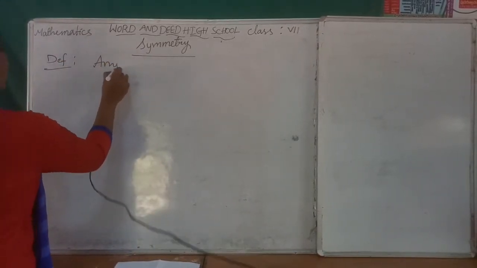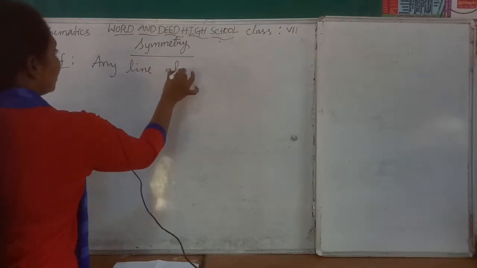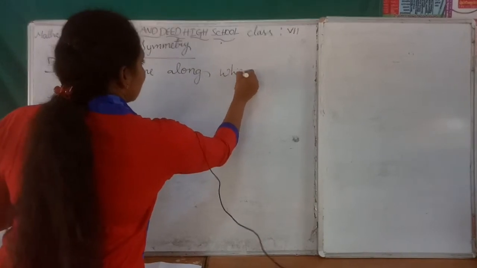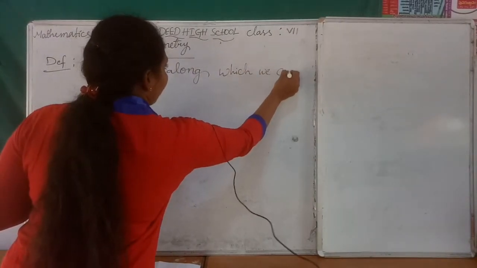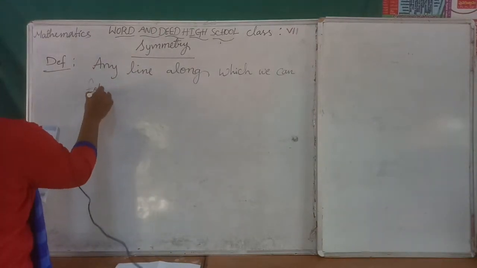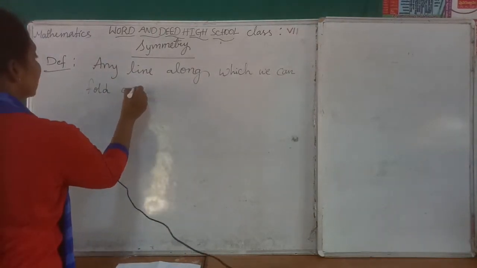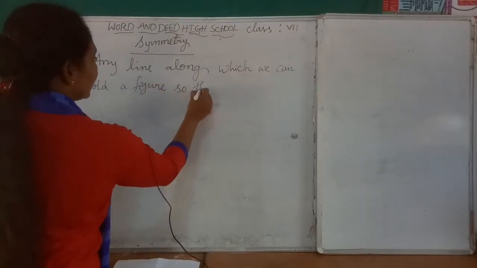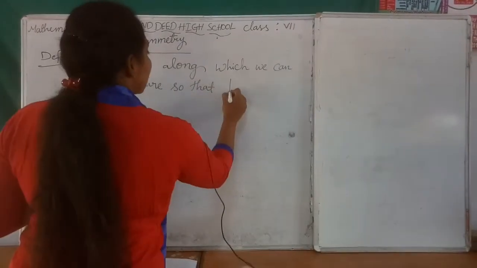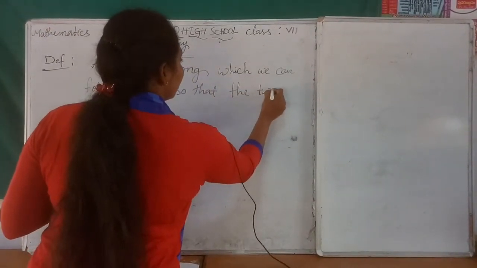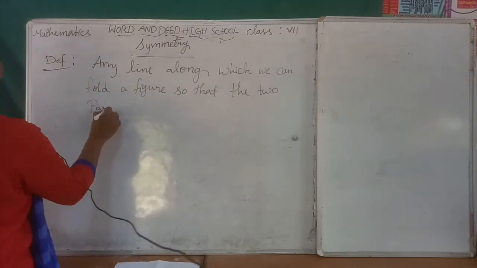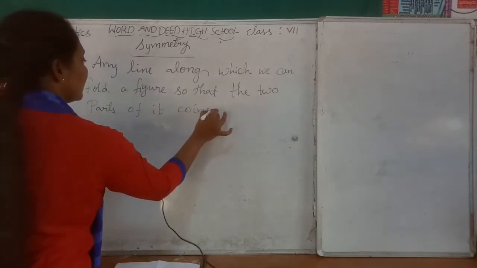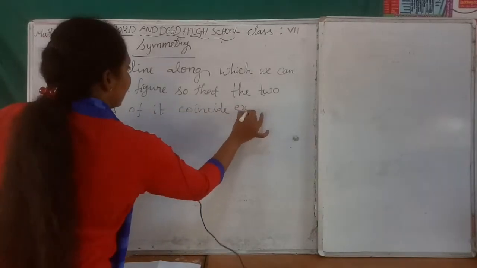Any line along which we can fold a figure so that the two parts of it coincide exactly.